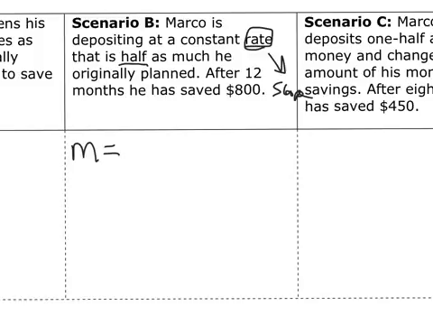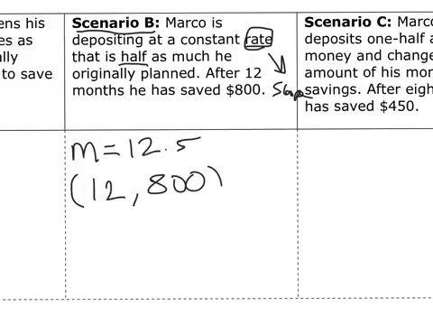So that means that my slope for scenario B is going to be 25 divided by 2, or 12.5. Okay, great. I know 12.5. I know that after a total of 12 months, I saved $800. Okay, those are all things that we know.